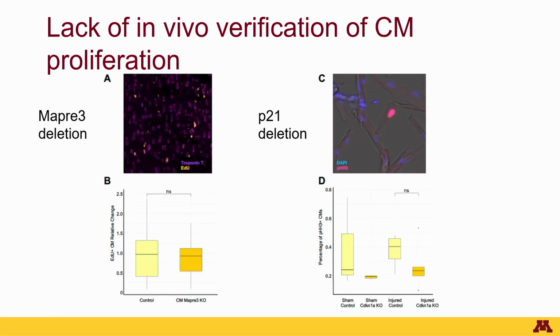And unfortunately, the vast number of genes that we tested did actually not give rise to cardiomyocyte proliferation in vivo. And we don't really understand why there is such a difference between the in vitro and in vivo results, but presumably this has to do with the maturation status of the in vivo cardiomyocytes, probably.